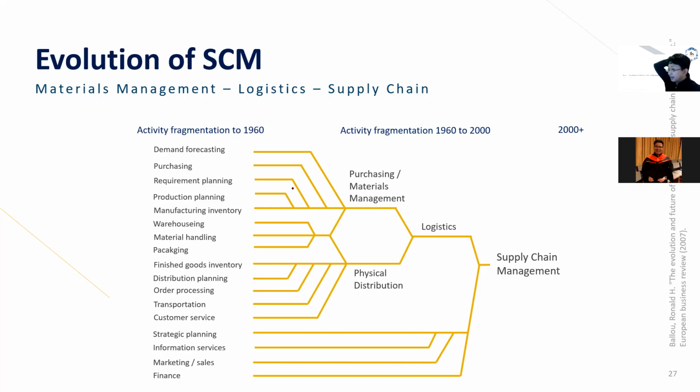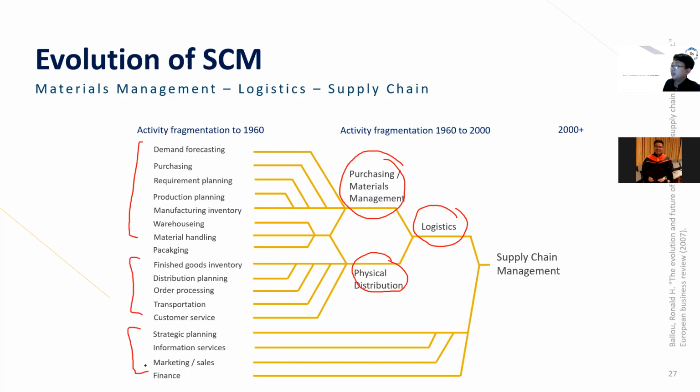Before 2000, supply chain management was not as popular as today. It was sometimes considered as a part of logistics, but now it's the opposite. Logistics is sometimes considered as part of supply chain, where logistics itself consists of purchasing, material management, and physical distribution. These are several activities considered in this area.